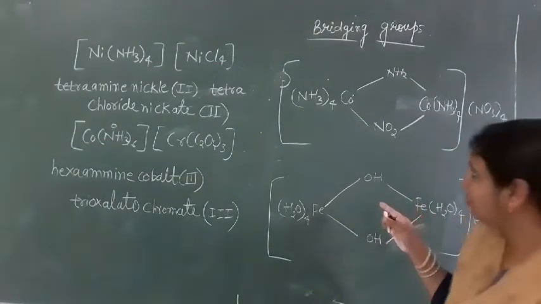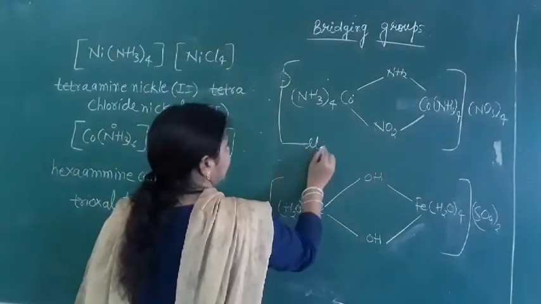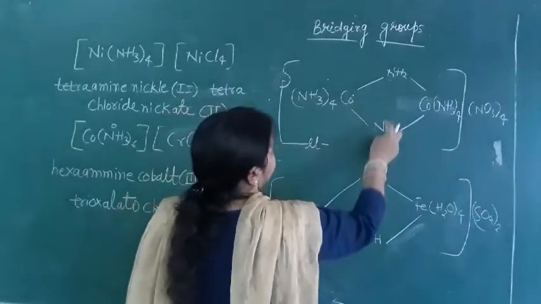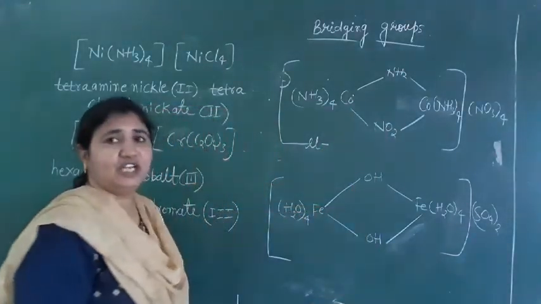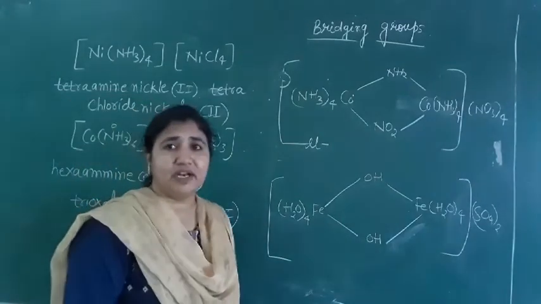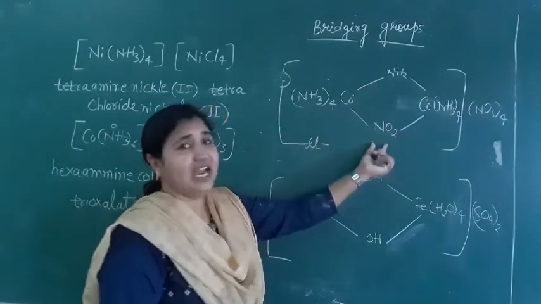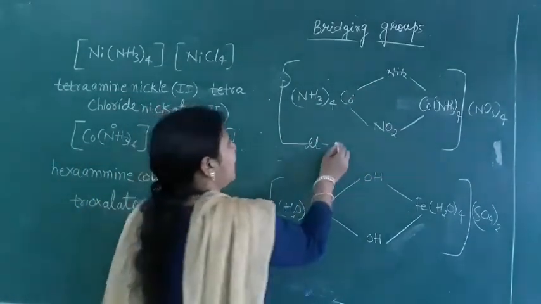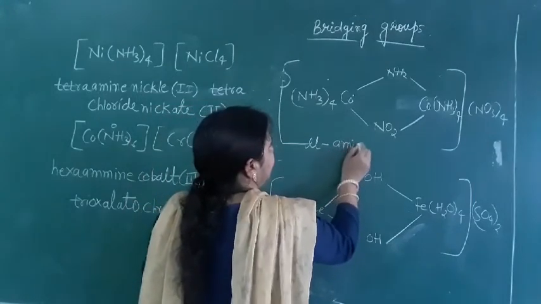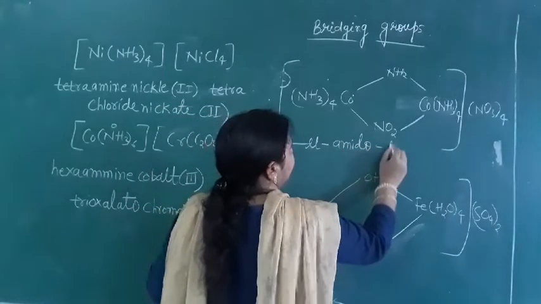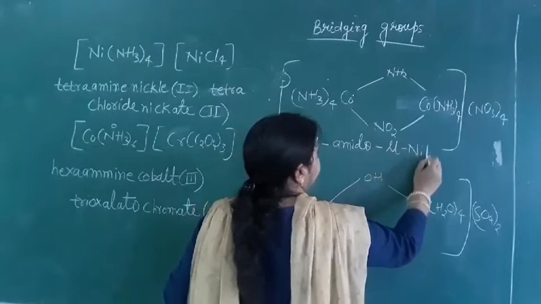The Latin letter mu you have to use. First write down this amido, this is what? Nitrito N is there. So in alphabetical order write down first this bridging ligand, so mu amido, then write down mu nitrito.